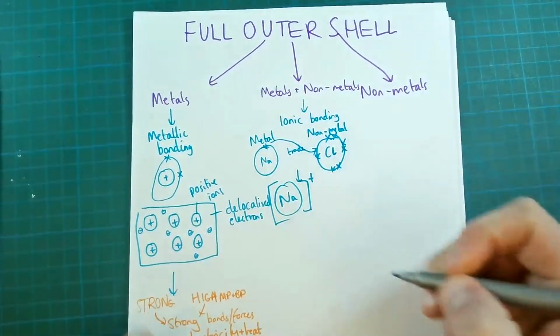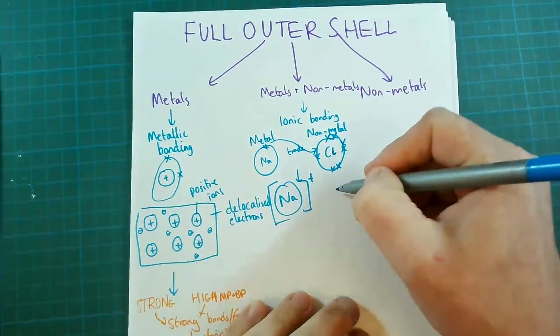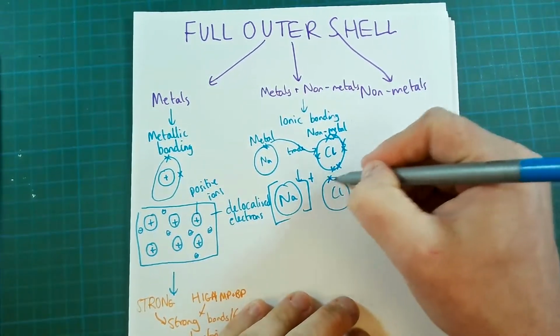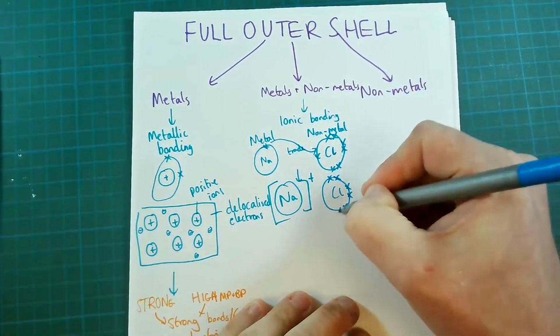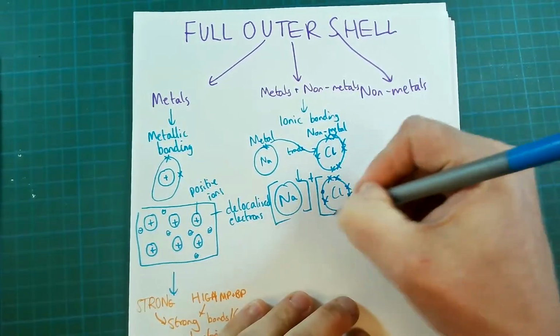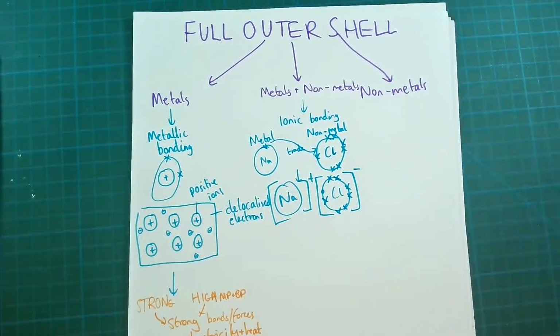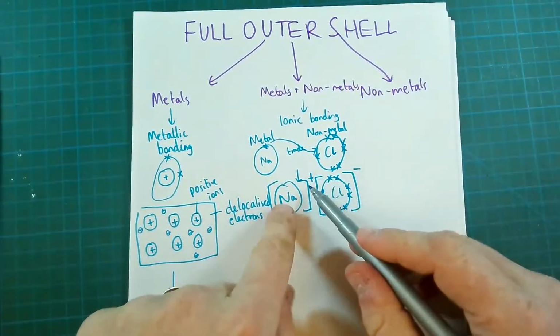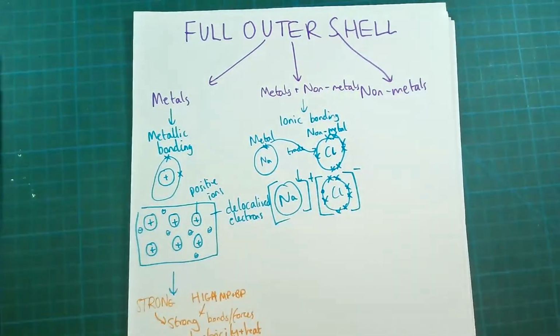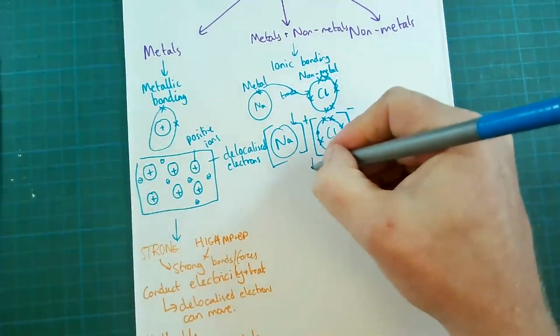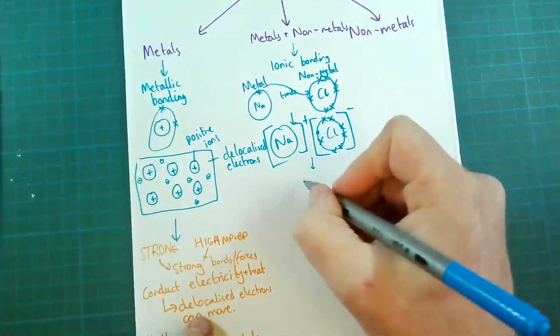Don't even need to draw the circle, but just for the sake of completeness, that's the chlorine. Because that's positive and that's negative, they like to stick together. And that means they don't just do this once.